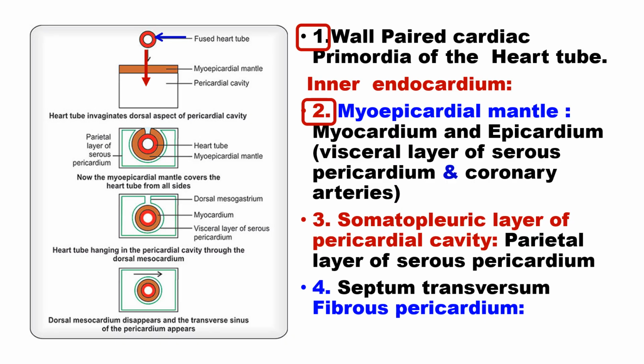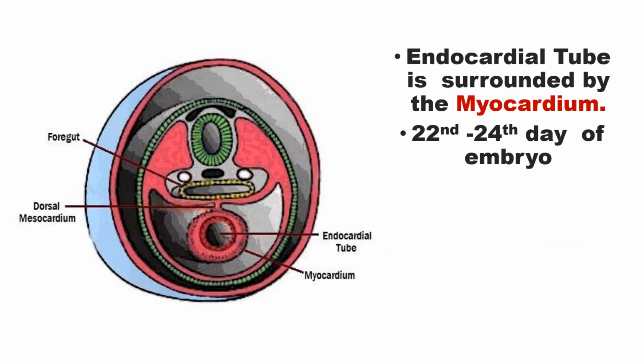The myoepicardial mantle, which surrounds the heart tube, forms the myocardium and the visceral layer of serous pericardium. The somatopleuric layer of the pericardial cavity forms the parietal layer of serous pericardium. The septum transversum forms the fibrous pericardium.